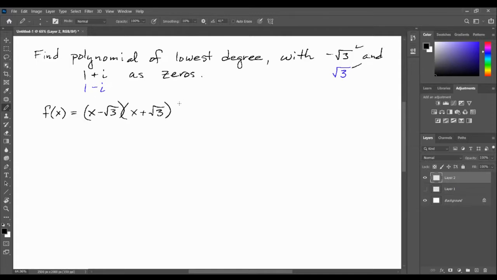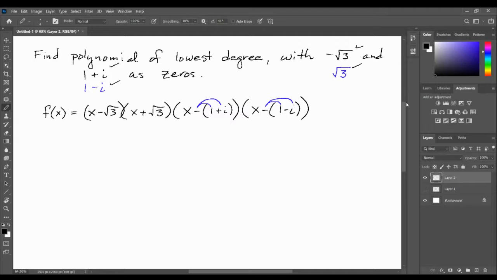And then we've got x minus 1 plus I for this one, and x minus 1 minus I for this one. And notice I put those in parentheses. I do that purposefully for myself so I don't forget that that negative applies to both of these terms, and this negative applies to both of these terms.